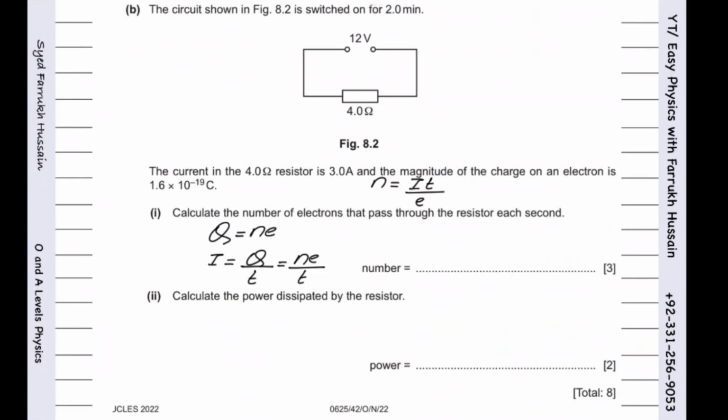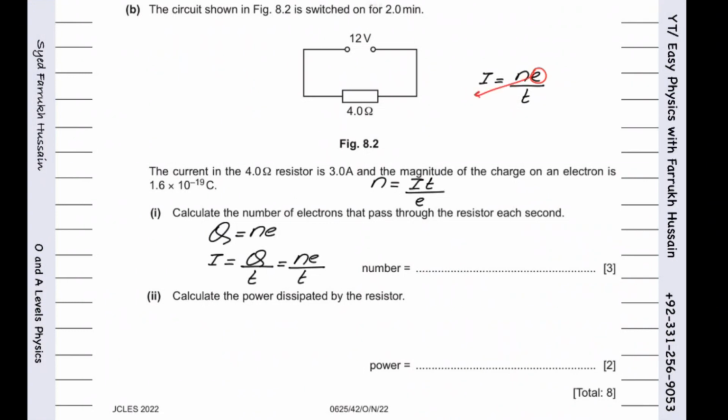Shouldn't IT be the denominator? No, the equation is I equals NE upon T. Keep N on one side. T is the denominator, that's why it will become the numerator when you shift T to the left side. And E is numerator, so it will become the denominator.